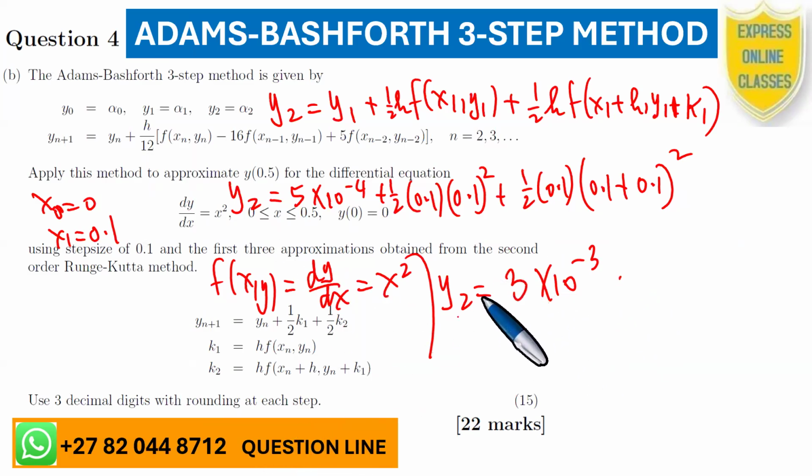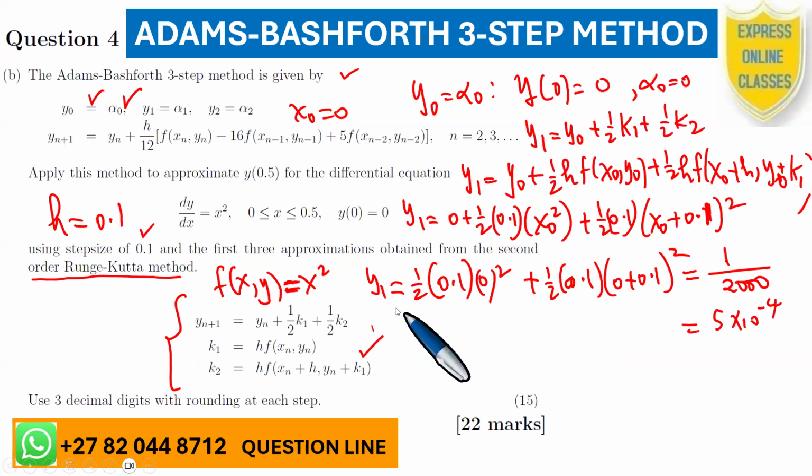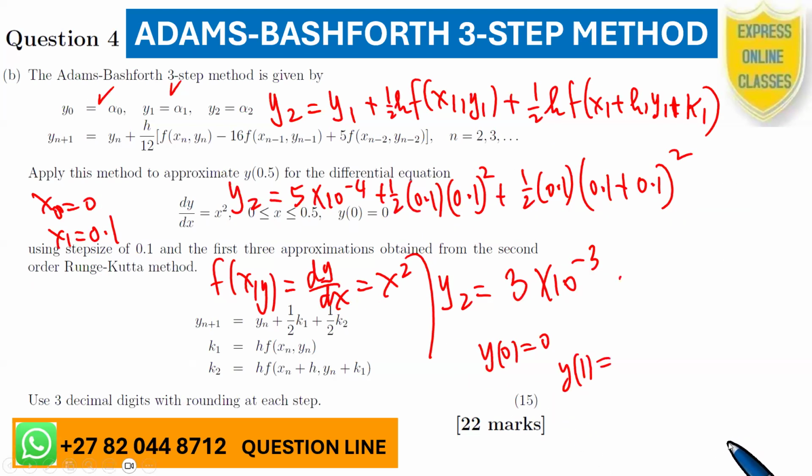By the second order Runge-Kutta, we got y0 is 0, y1 is 5 times 10 to the minus 4, and y2 is 3 times 10 to the minus 3.